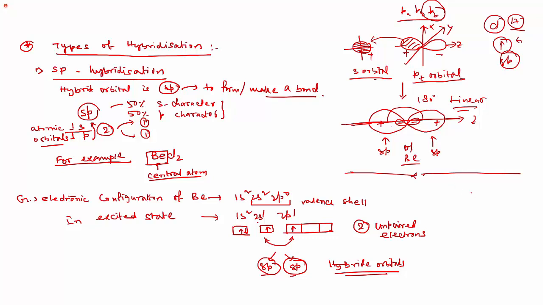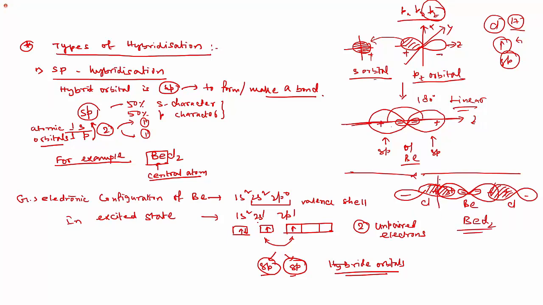Now I will draw the sp hybrid orbitals again. This is positive, this is positive, two sp hybridized orbitals. This is the Cl and this is the beryllium, and this is also Cl. In this way they are forming the molecule BeCl2.